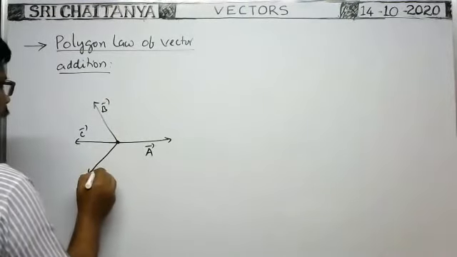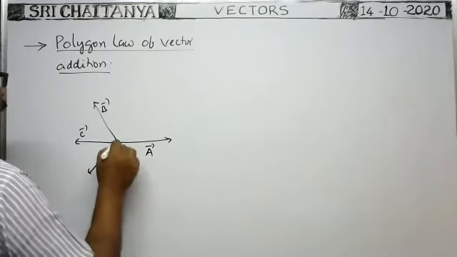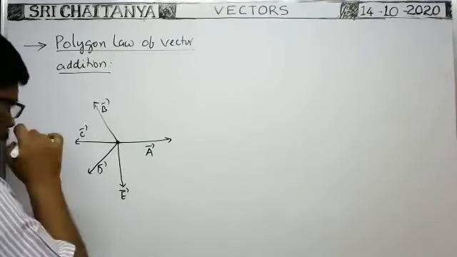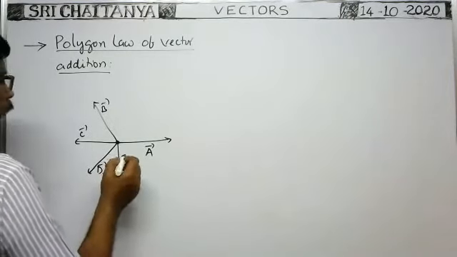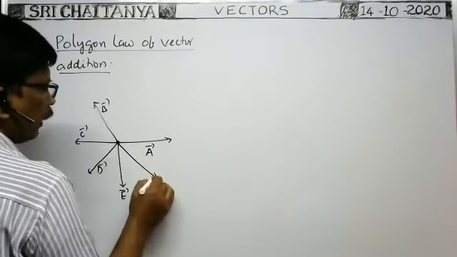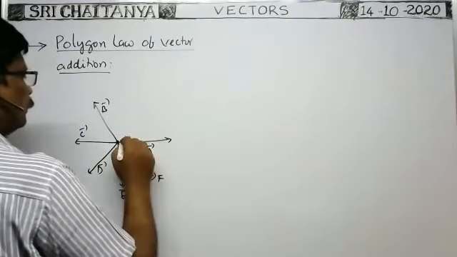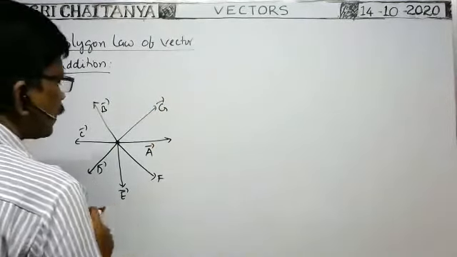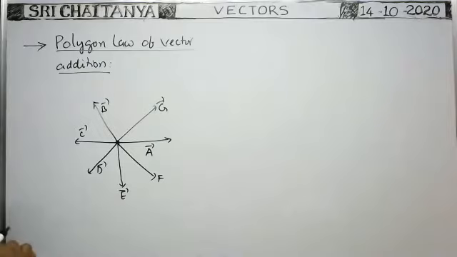D acts in this direction. E bar acts in this direction. F bar acts in this direction, and G bar acts in this direction. In this way, a number of vectors act on a particle simultaneously in different directions.